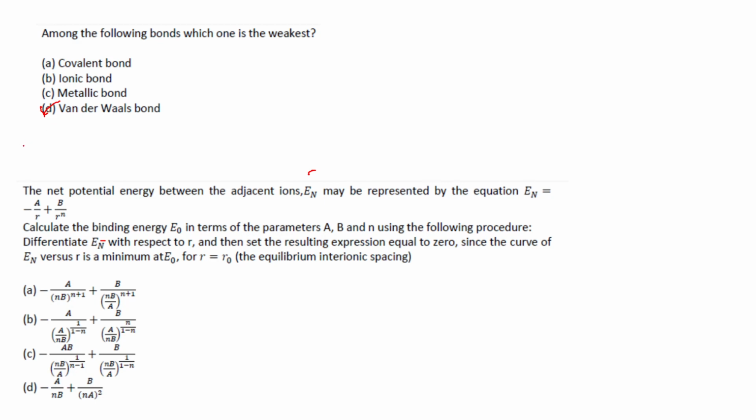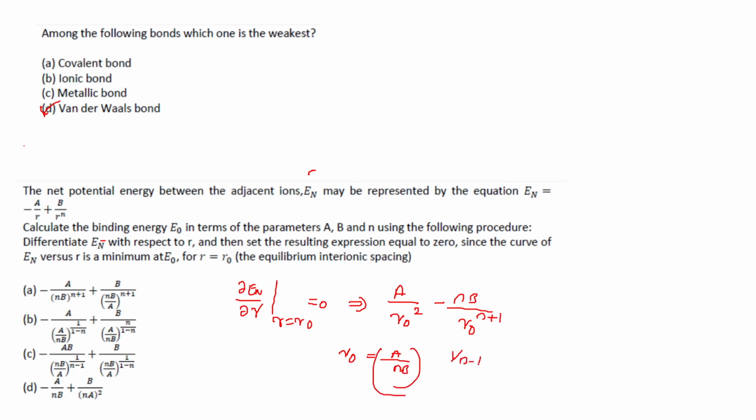So you have to solve like dou En by dou R. Now we have to do like En is equal to E0 at R is equal to R0.